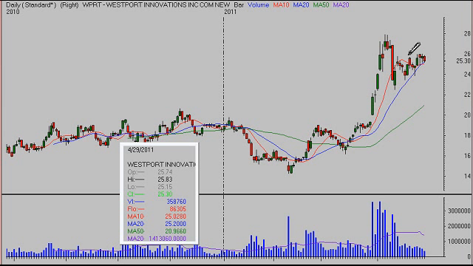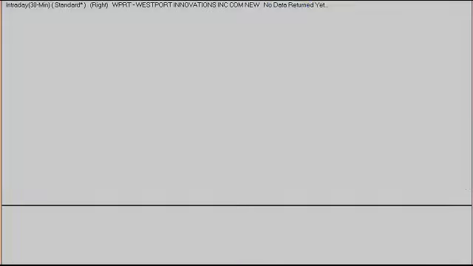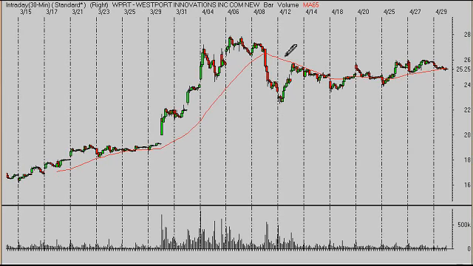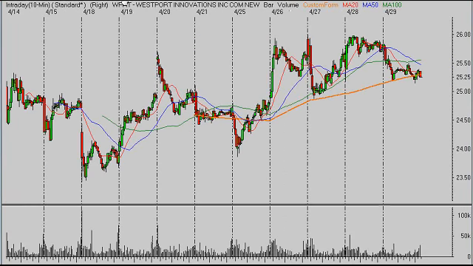But Westport still hasn't broken that $26 level convincingly, and that's really where I think we need to see this stock get above. So I think that's a good idea to keep on your watch list for next week, above 26.